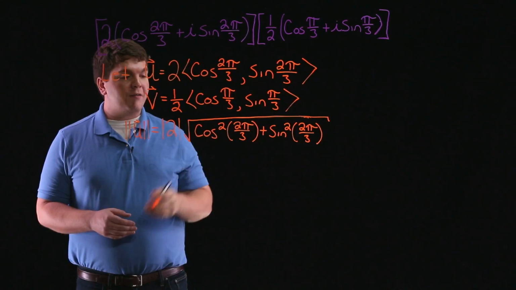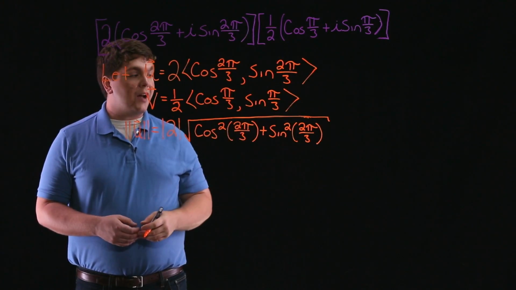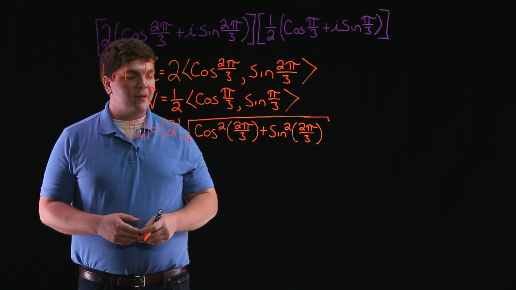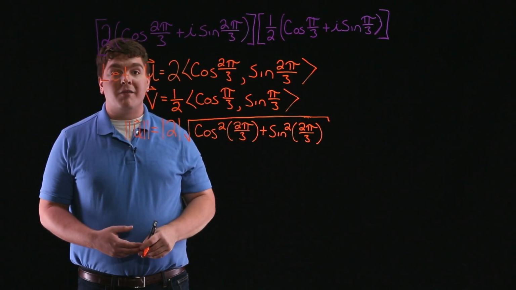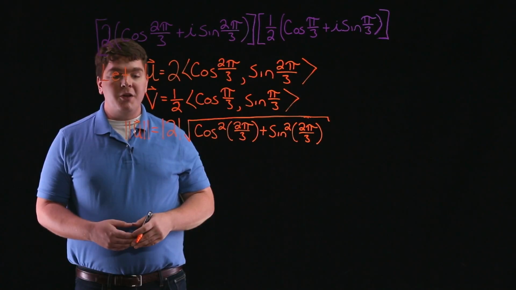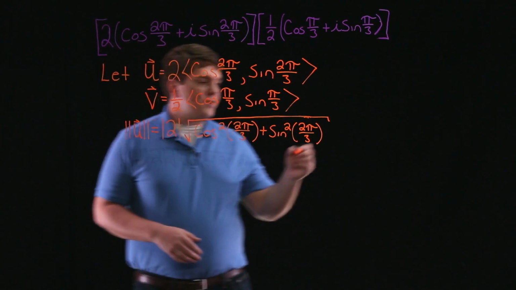Now, because we have cosine of 2 pi divided by 3 squared plus sine of 2 pi divided by 3 squared, we can use the Pythagorean identity, which tells us that cosine of any angle squared plus sine of the same angle squared is equal to 1. So the magnitude of u is equal to 2 times the square root of 1, which is just 2.